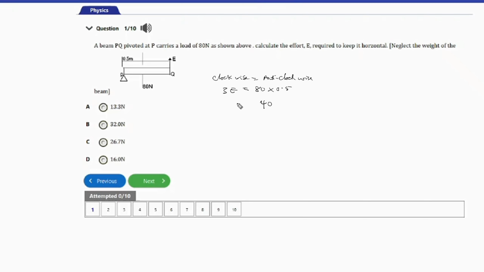So 3E is equal to 40. In that case, E will be 40 over 3, and that's 13.3 newtons. That's the answer to this question, option A. So let's go ahead and consider the next question.